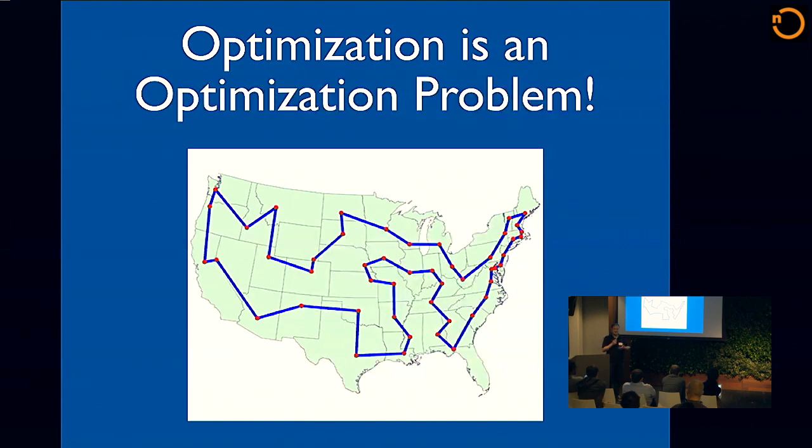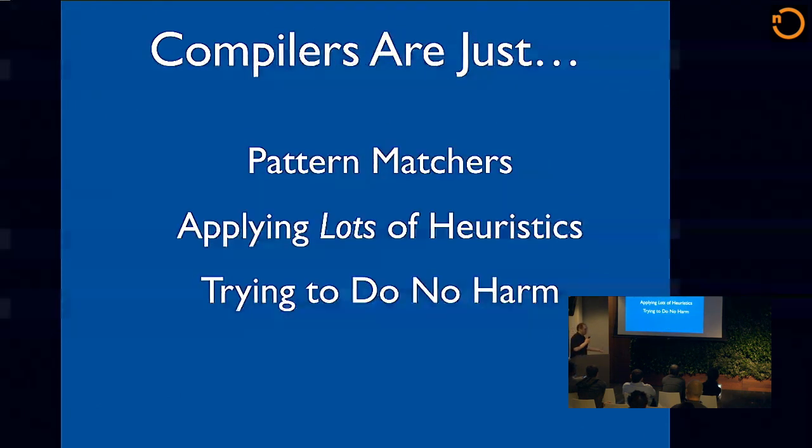It's not easy. I don't really know how to write a good compiler. Compilers are honestly just pattern matchers. We're big regexes, if we're being honest. We apply a whole bunch of heuristics that we hope only help and don't hurt. That's all we really do.